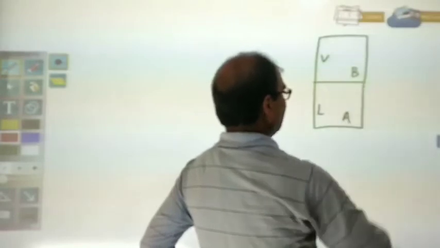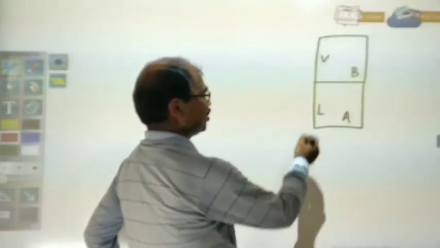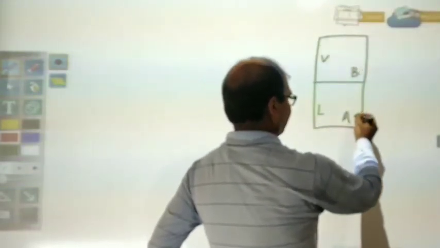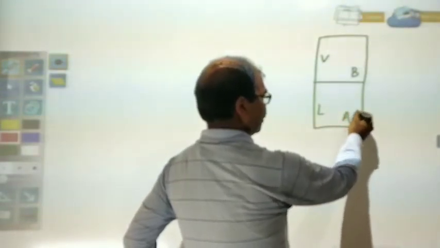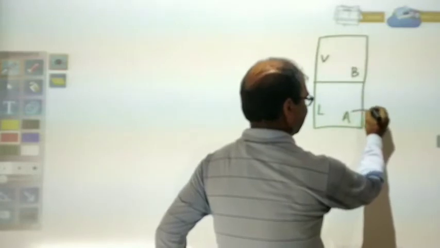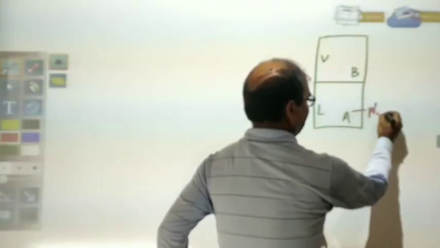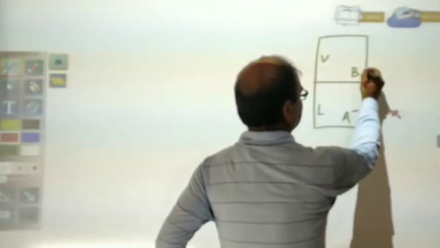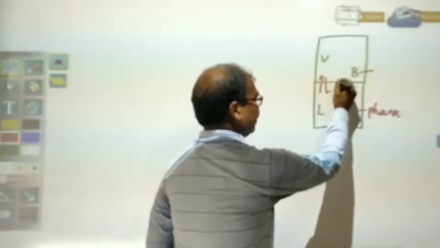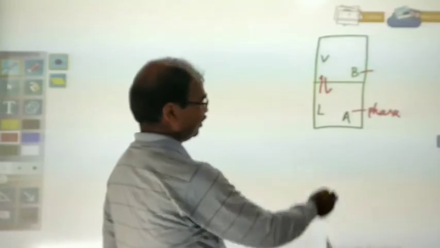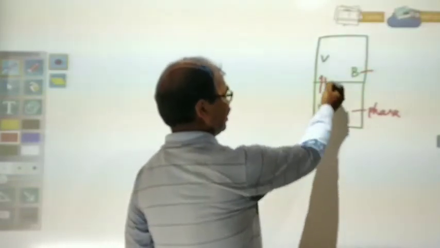For derivation of the Clapeyron equation, let us consider a system of a pure substance of one component. So this is phase A and this is phase B. The two phases are in equilibrium. Also we can take it as liquid phase and vapor phase.